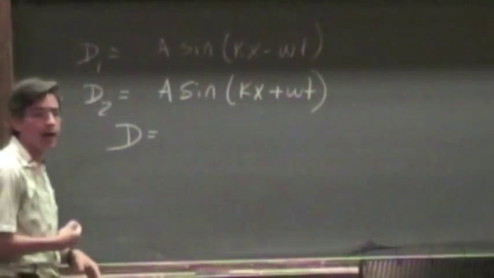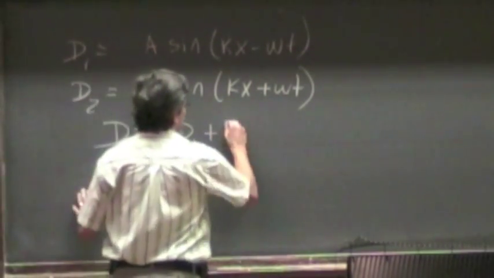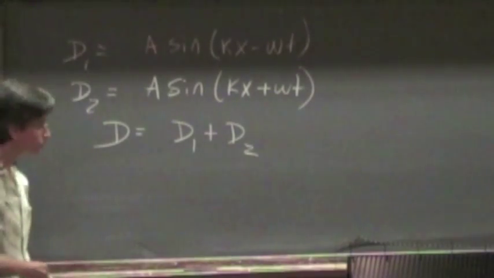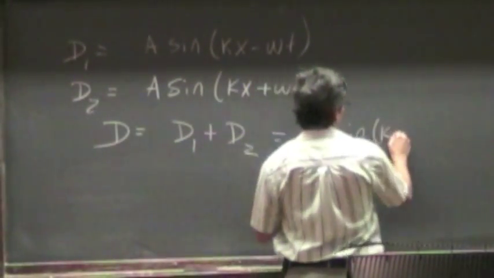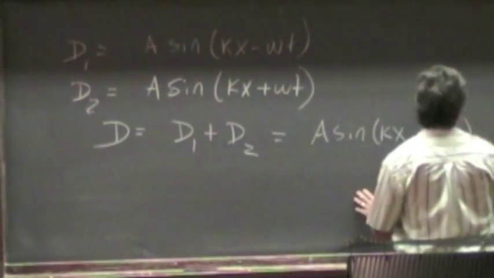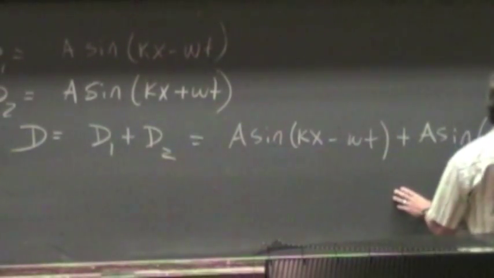And the displacement of the rope, and this is the main idea of this chapter, which is when you have two waves, you add, algebraically, you add the displacement due to each one of the waves. This is the main idea, how waves behave. So then you have this a sine of kx minus omega t plus a sine of kx plus omega t.